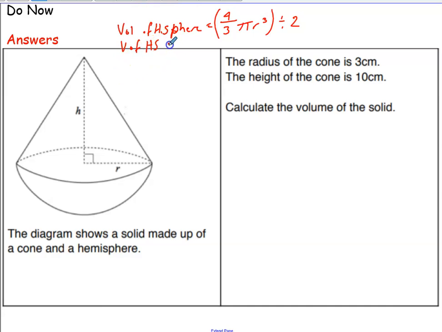So we put the values in. So we're going to have 4 thirds times pi times my radius is 3, so 3 cubed, and then once we have that, we would of course divide it by 2. Okay, so I'm going to type that in my calculator and write my answer down just here.